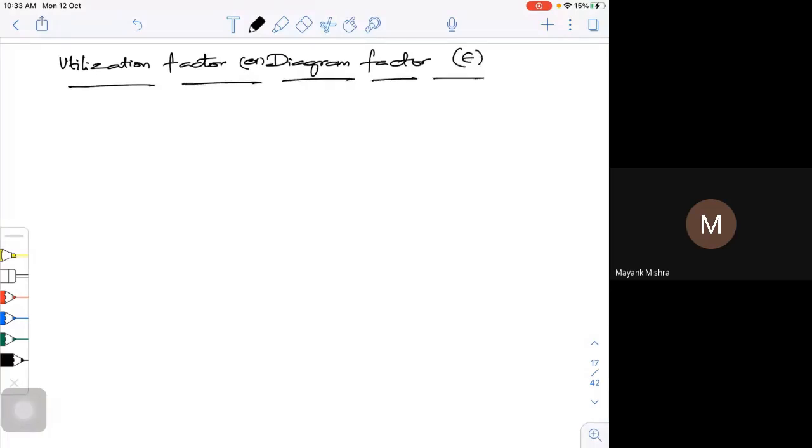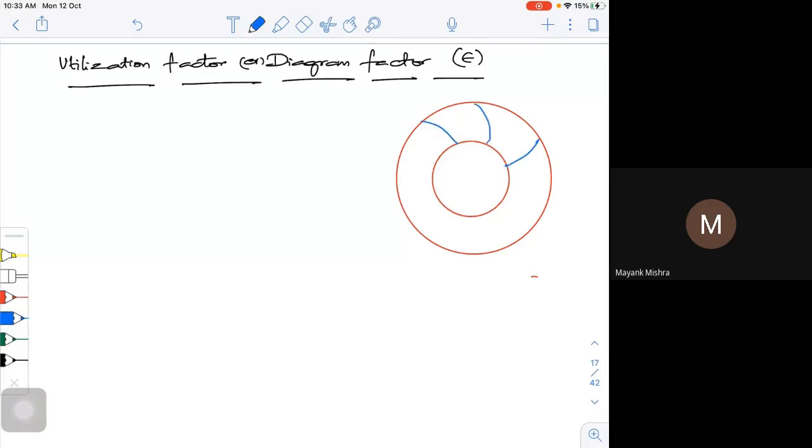Now what is it actually? Say I have a turbo machine, something like this. Let me write it. This is my machine, rotor, hub and tip, and I have the blades like this, say four blades. Let's say for a turbine, the fluid enters at some velocity V1 and goes out with velocity V2.